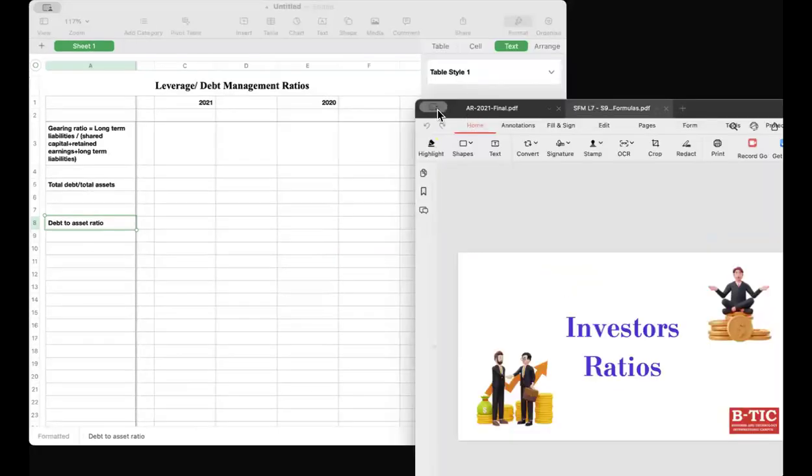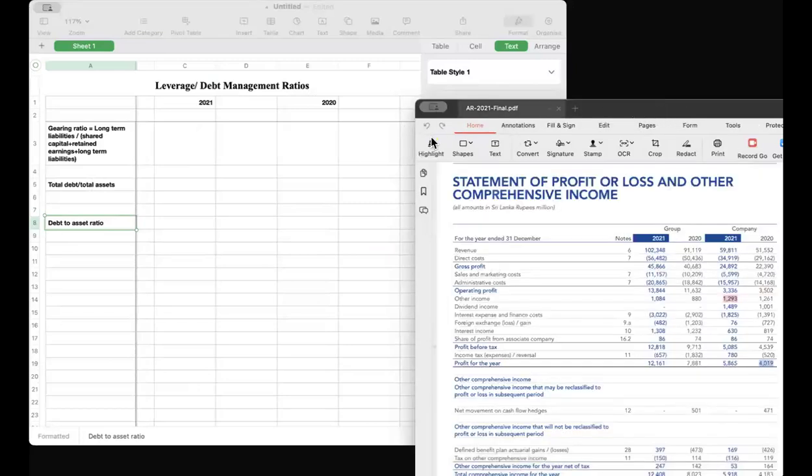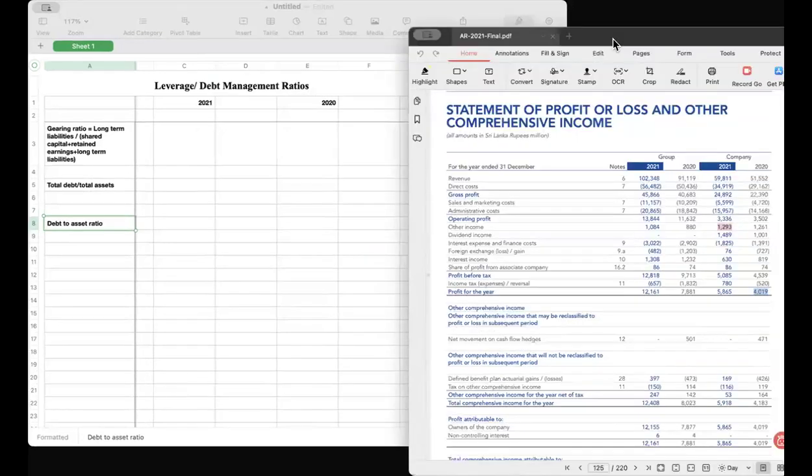Okay. Is that total debt over total assets? No, I think there's a mistake in the debt to asset ratio. Give me a second. Let me check. Debt to asset ratio.